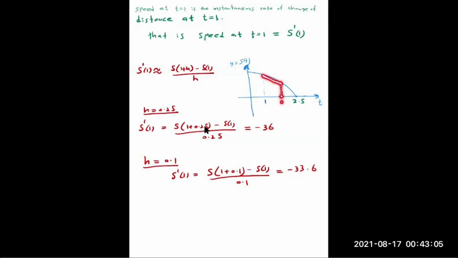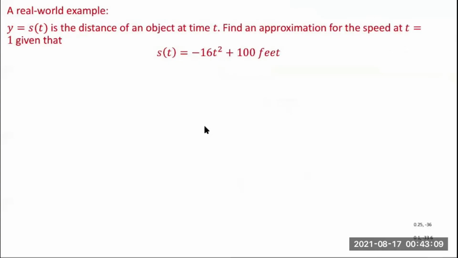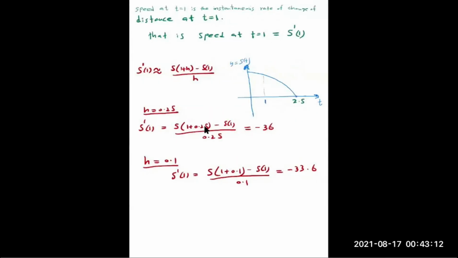This is the point 1.25. So this would be a better approximation for s prime of 1. s prime of 1 is nothing but the speed at t equal to 1, or the instantaneous rate of change of distance at t equal to 1. Of course, you can keep obtaining better and better approximations by choosing this h to be even smaller.